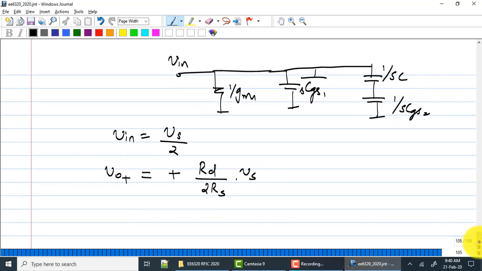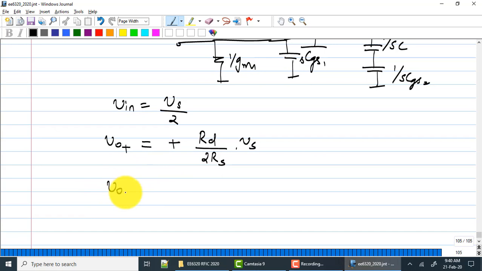Vo minus is basically the drain current ID2 times RL with a negative sign. So what is ID2? ID2 is nothing but minus GM2 times Vin.